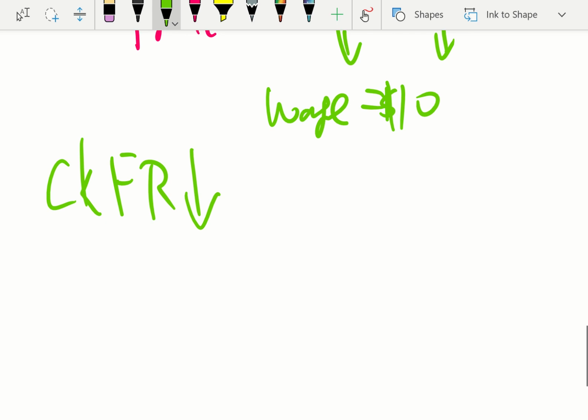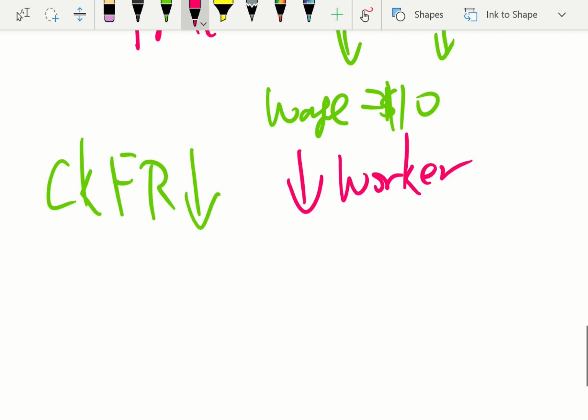So normally I would ask my employees to take a pay cut. I'll tell them, hey guys, instead of $10, I will pay everybody $9 now. But people won't be happy, because if I pay them $9, they'll be going out the door, looking for other jobs. So instead of paying people $9, more than likely when companies have a hard time, they would decrease the number of workers needed in the economy. So they actually decrease the real output.